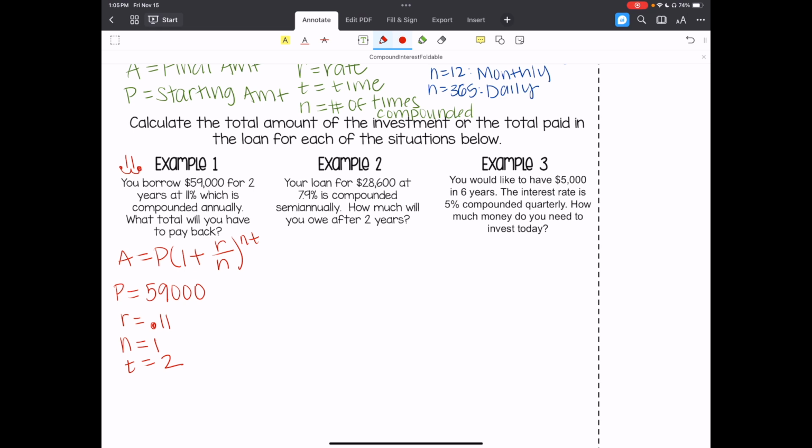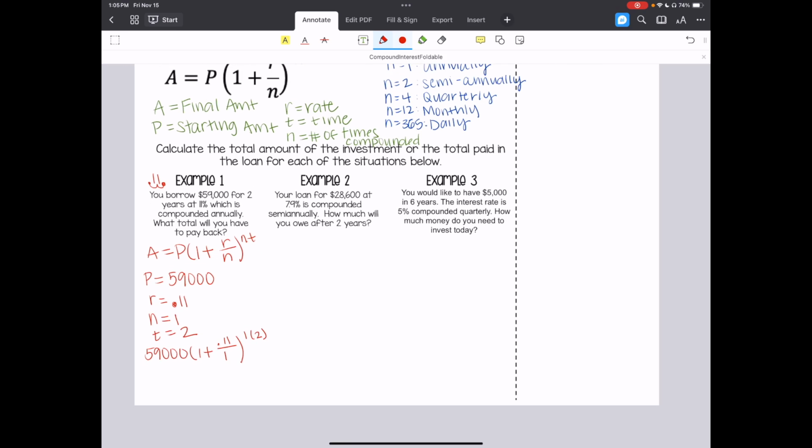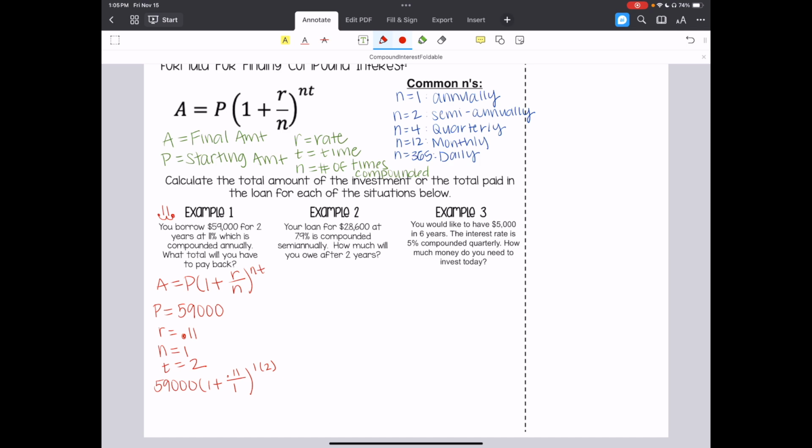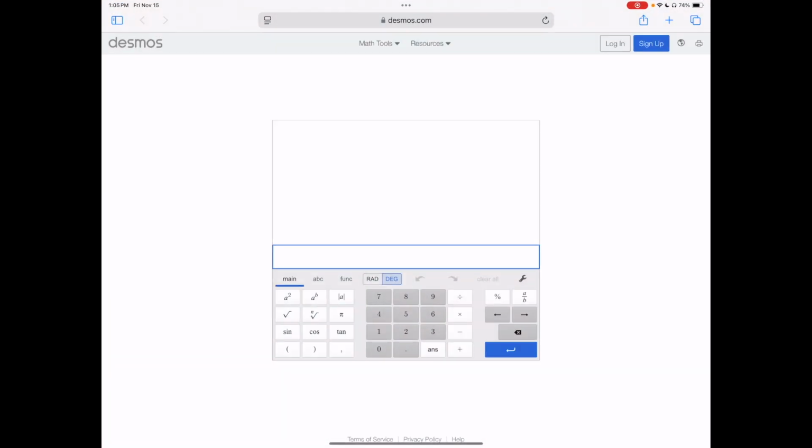Then we're just going to plug that in our equation. So 59,000, 1 plus 0.11 over 2. No, I'm sorry, over 1, because N is 1, times 1 times 2. Then we go to Desmos and we type that in exactly like you see it.